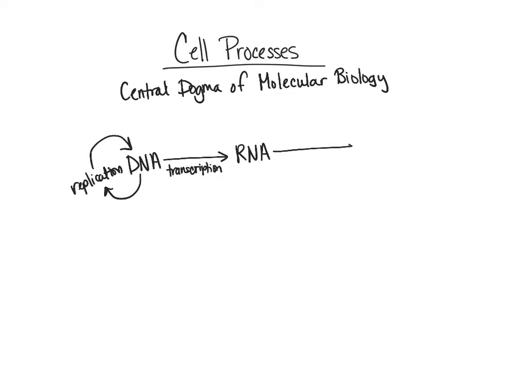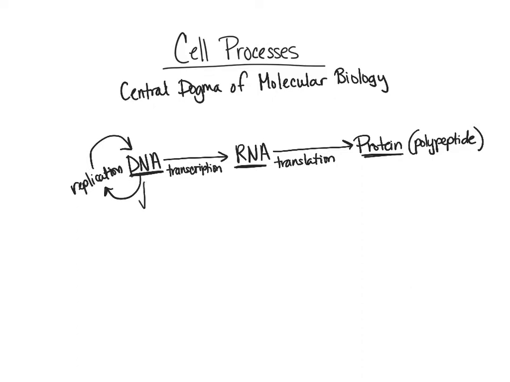And then if we go through the process called translation, we make a protein, or more specifically, a polypeptide. So this is our central dogma of molecular biology: DNA goes to RNA and goes to a protein. And this is how information flows.